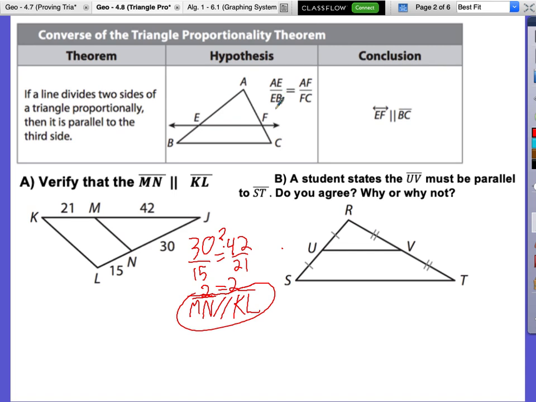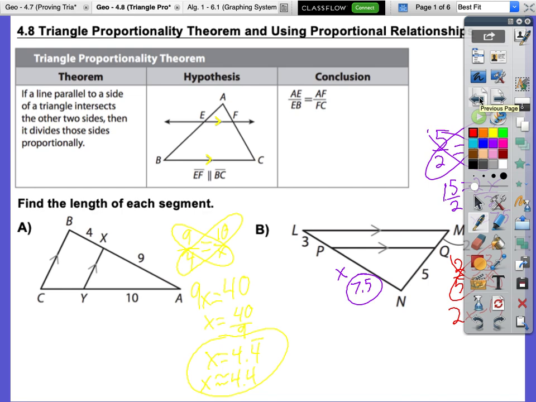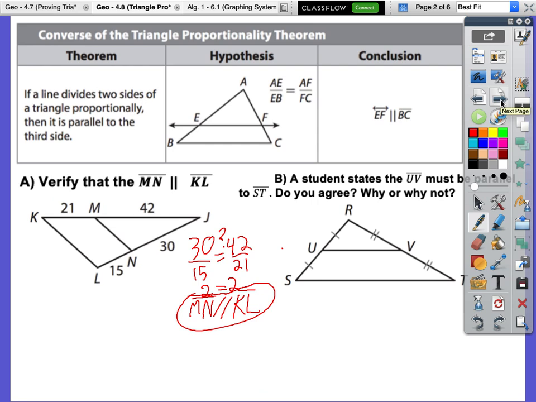According to this converse, if these two sides were cut proportionally by this line, then these two lines are parallel. So before, on the last slide, we did 9 over 4 and 10 over x. Now we'll do 30 over 15 and 42 over 21, and we'll check it. And I put a question mark there, saying, is it equal?